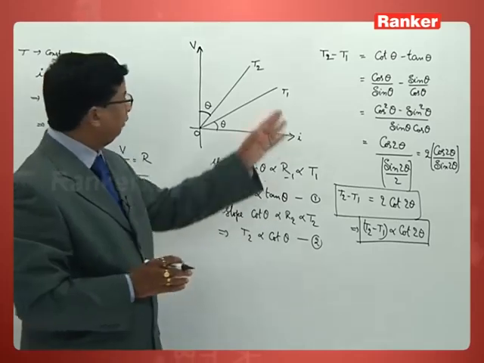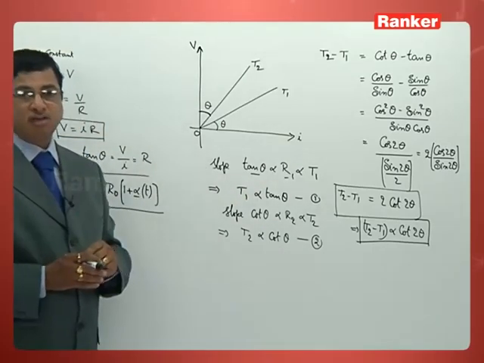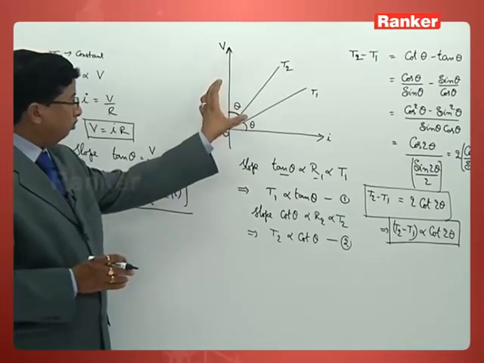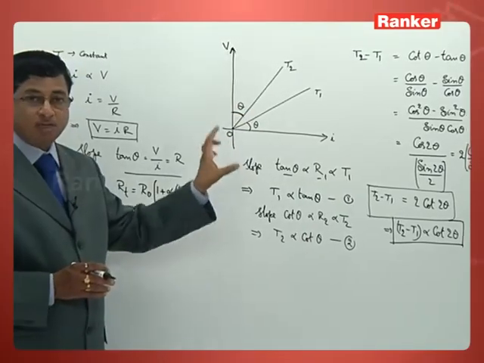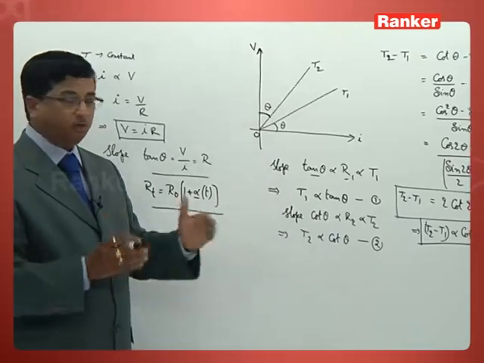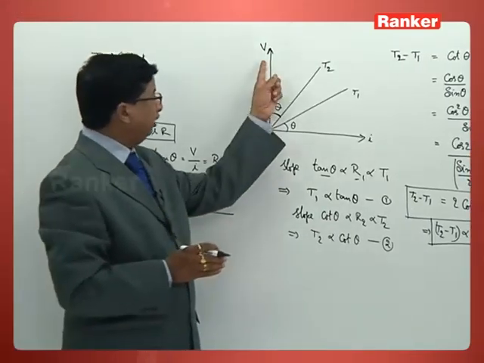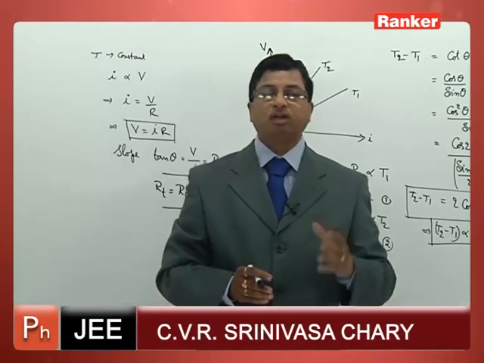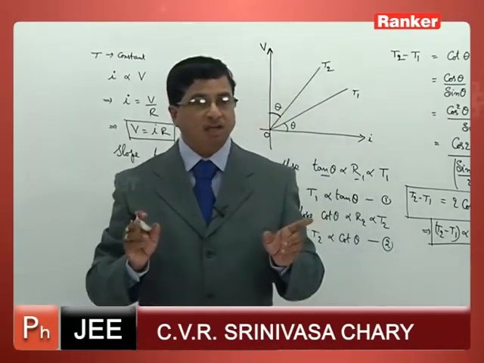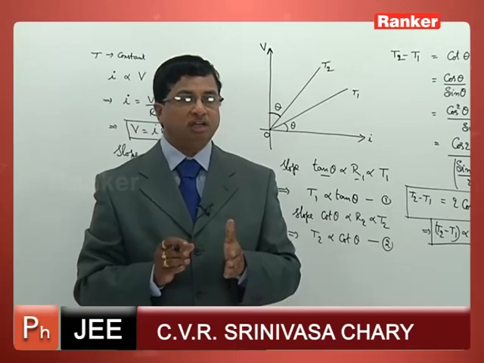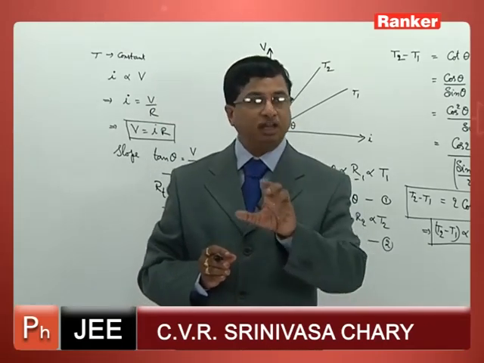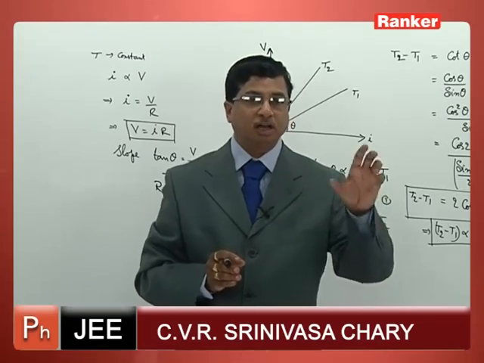This is the first question we have, right? So, the moment this type of a graph comes, you should identify the relation between V and I according to the concept of Ohm's law. That is the only statement which relates voltage with current across any particular conductor.